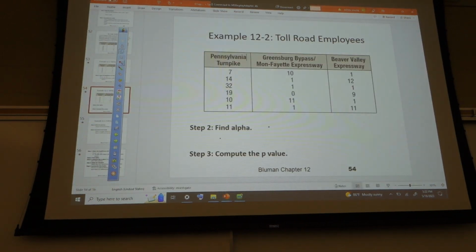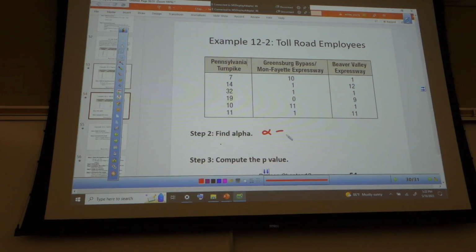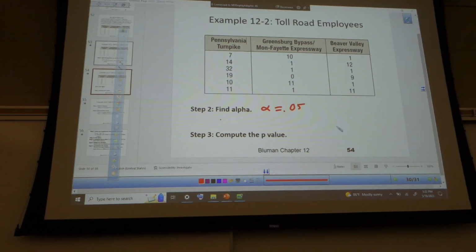Find your alpha. What's the alpha? 0.05. Compute the p-value. So you all did ANOVA. There are 3 lists, so you did L1, L2, L3, and you got an F of 5.035.